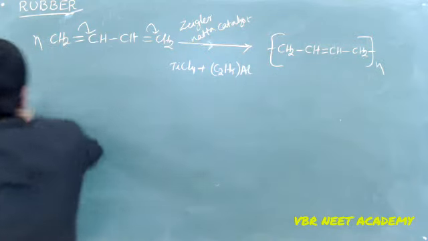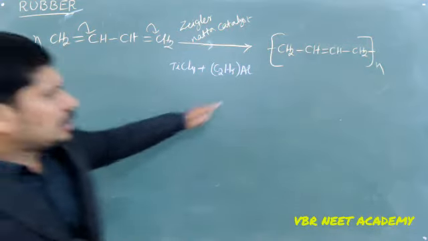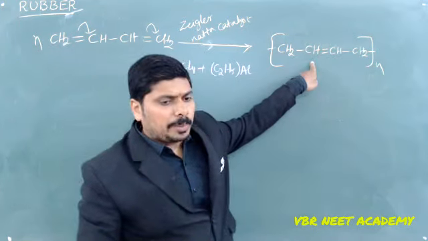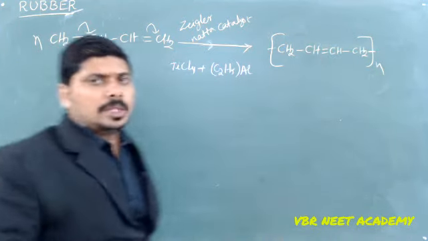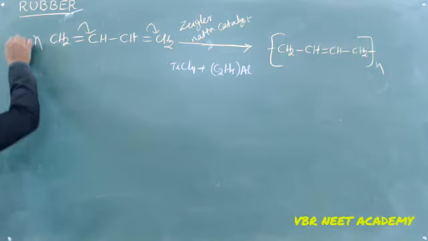N molecules of 1,3-butadiene, if you are taking, I am going to get a polymerization of 1,3-butadiene like this. This is what I am going to have, the synthetic rubber one.